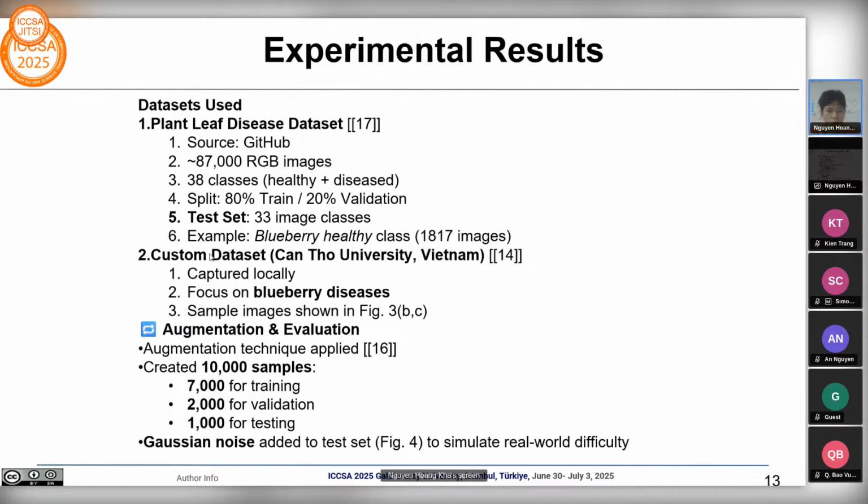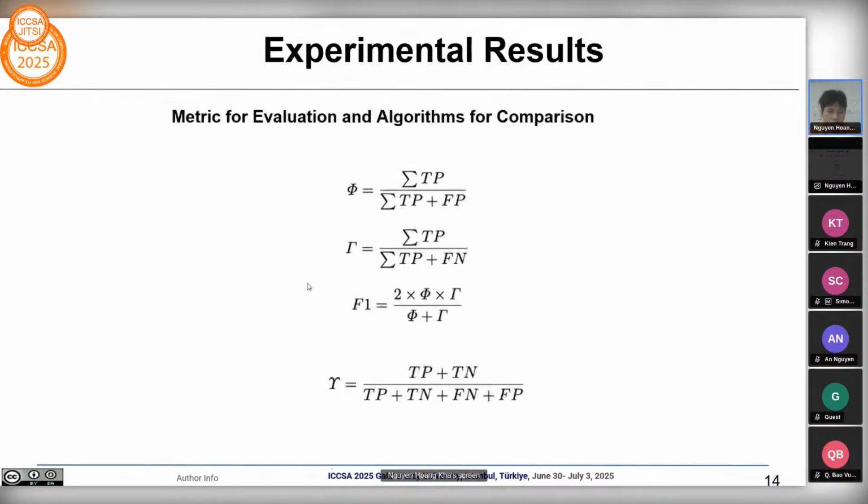It captures local data and focuses on blueberry disease. For augmentation, we applied the technique to reach around 10K samples: 7K for training, 2K for validation, and 1K for testing. We apply Gaussian noise to simulate real-world difficulty.